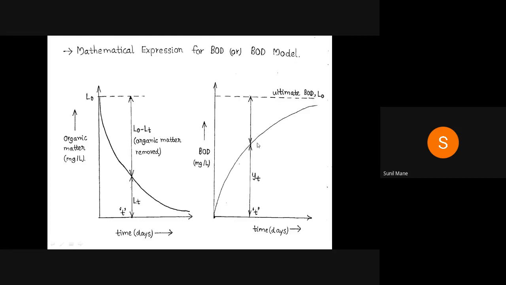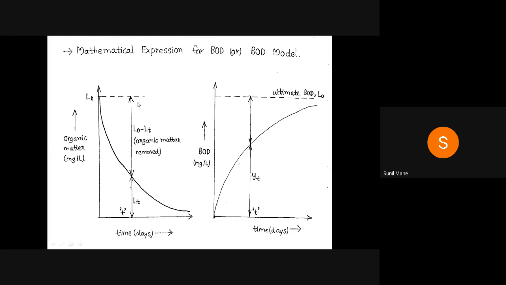We are going for this particular part, that is day 5. So the biochemical oxygen demand we have to measure from this end to this end. This is the biochemical oxygen demand, right? That biochemical oxygen demand is Y5, that is, the biochemical oxygen demand after 5 days is this much. That means what?